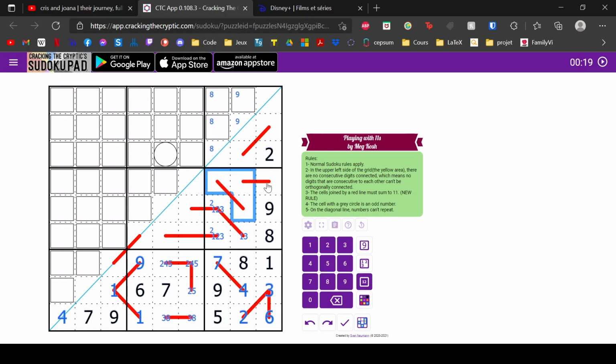Okay, so these are 4, 7, so 4, 7, so the 7's there, but that would be a 7 with a 4, which is not possible, so that is a 7. Or 5 and 6.